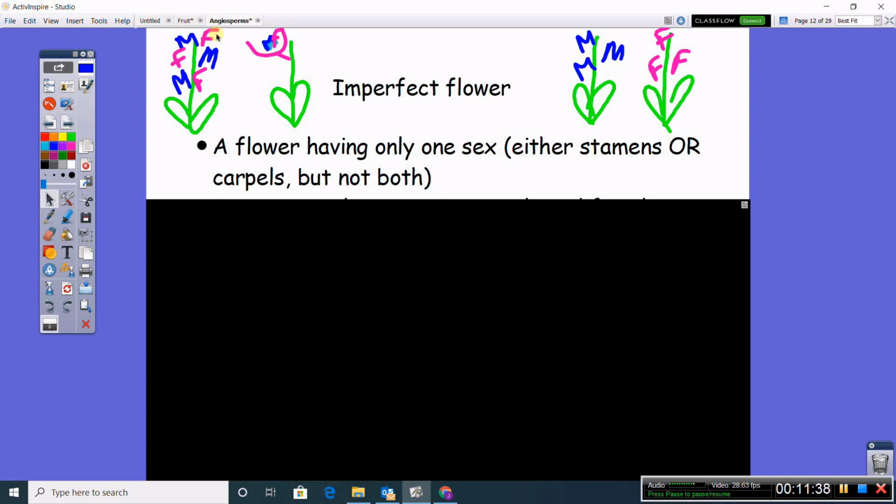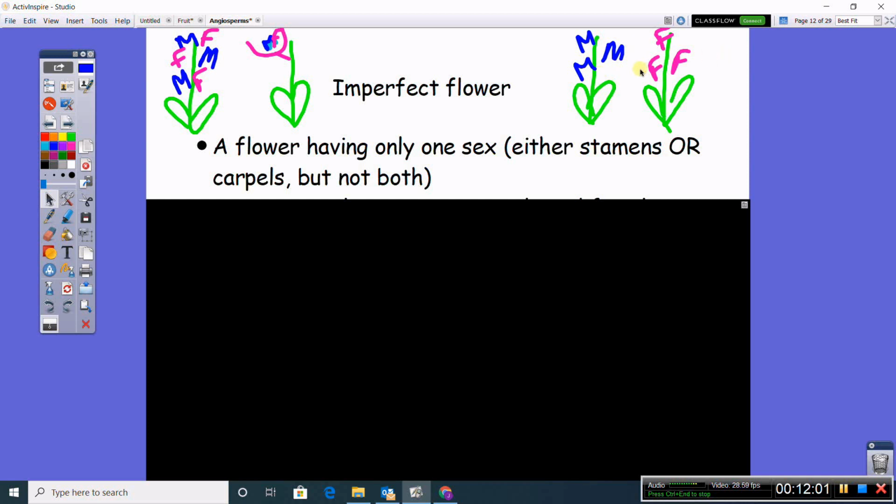It either has male parts or female parts, but essentially you have male and female flowers on the same plant. Whereas over here, what you're seeing is we've got a plant that has only male flowers and then a plant that only has female flowers. So essentially you have male and female plants.